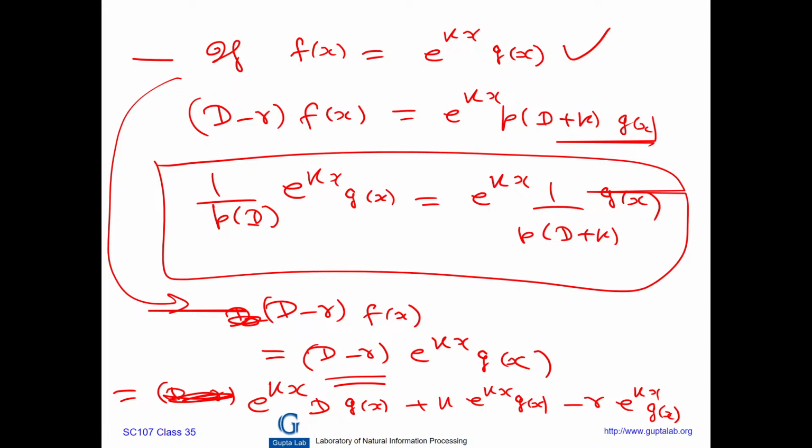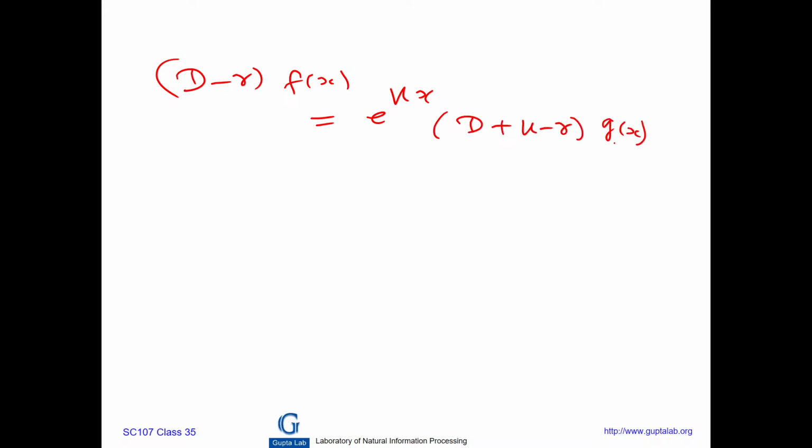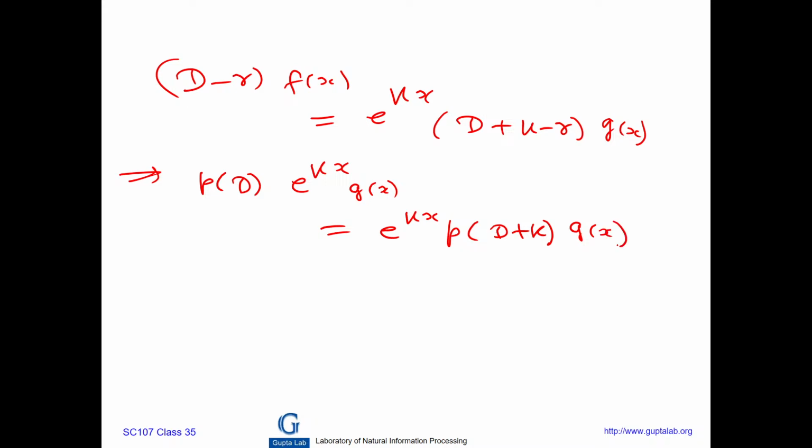So if we simplify this, we are getting D minus r times f of x is equal to e raised power kx times D plus k minus r times g of x. So in other words, p of D on e raised power kx times g of x is equal to e raised power kx times p of D plus k. So there is a shift like this in general, right?